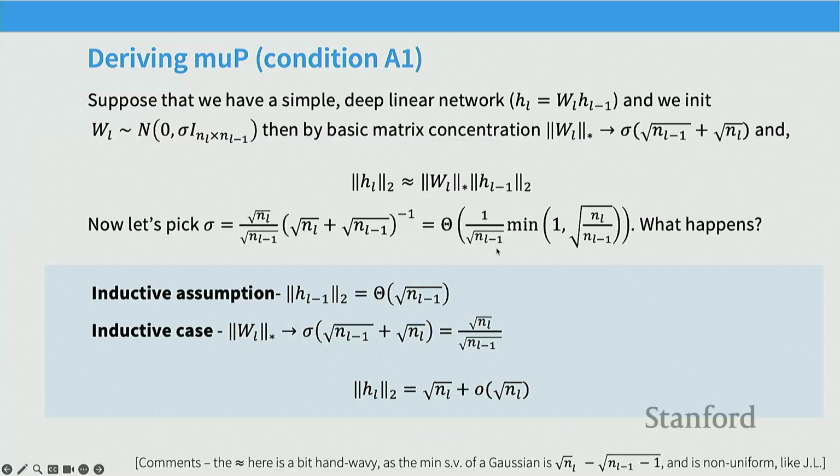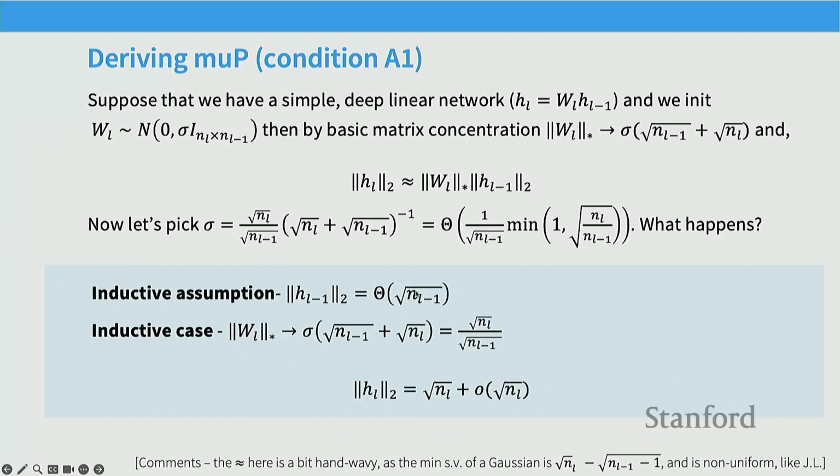So now what happens? I can plug this back into this formula, the matrix concentration limit, and also this approximation here. And I can inductively prove that every layer is going to have the right activation size. Let's go through all the layers and assume that up until layer l-1, I have this property. That's the inductive assumption: at layer l-1, my activation norm is square root of n_{l-1}. Now, if this is true, I just plug all of these in.